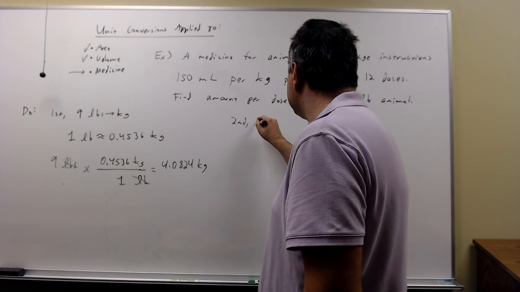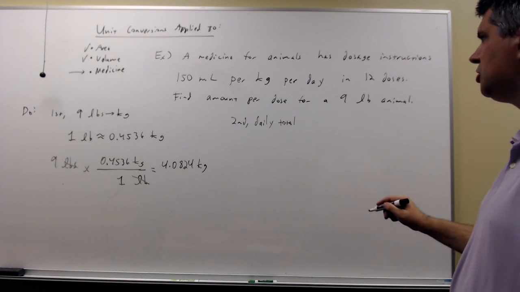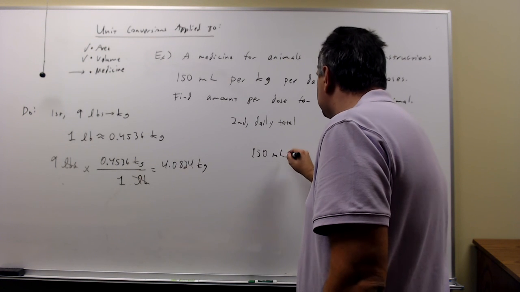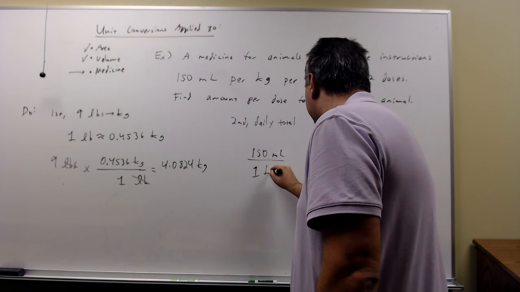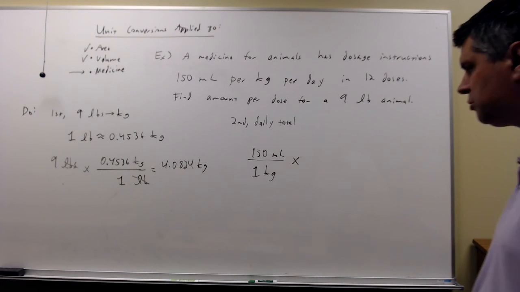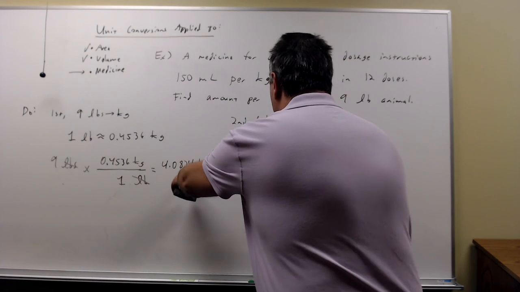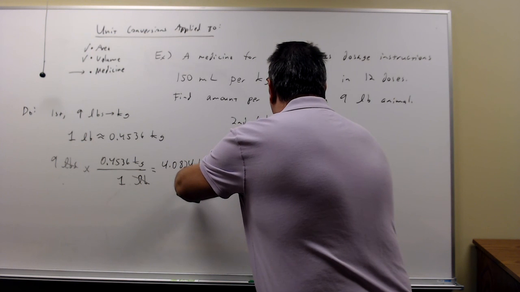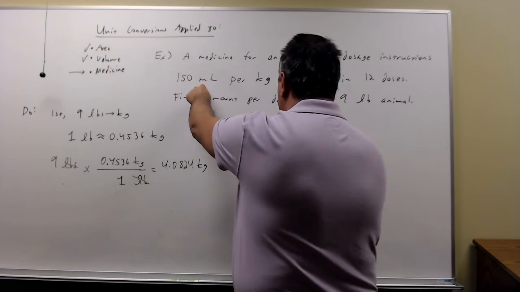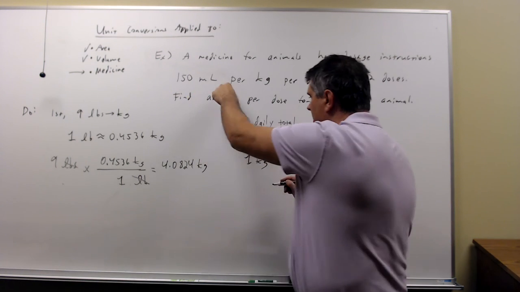Second, daily total. So the instructions say 150 milliliters per 1 kilogram. So here's what I propose to do instead. I am going to write 150 milliliters per 1 kilogram. That's given.